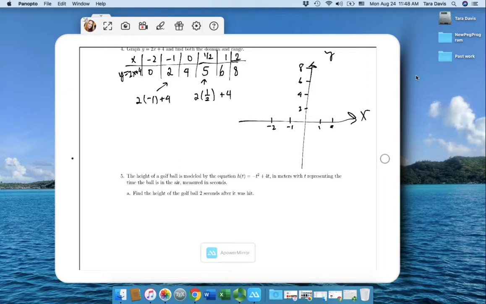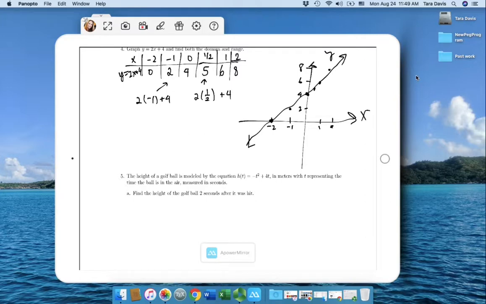So I know that when x is -2, y is 0. When x is -1, y is 2. When x is 0, y is 4. When x is 1/2, y is 5. And then we have 1, 6, and 2, 8. Okay, so basically the sketch is something like this.